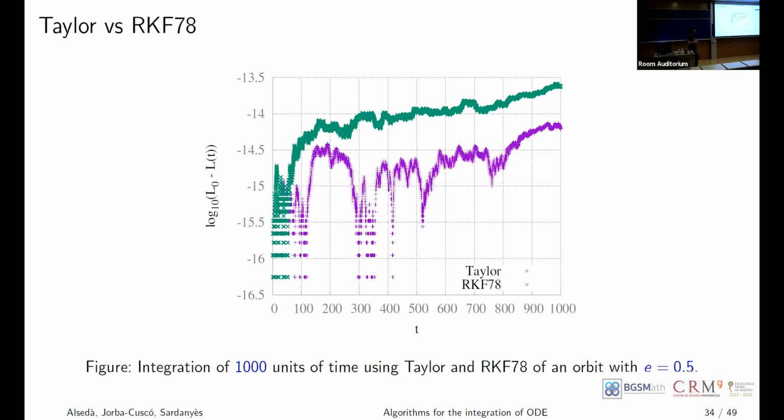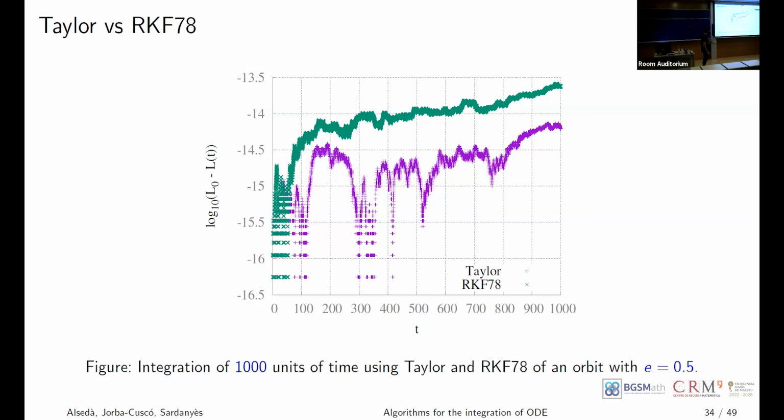Here we have a comparison. Again, I'm using the test of conservation of angular momentum for the Kepler problem, and I'm integrating here 1,000 units of time and checking the log 10 of the difference in the angular momentum.